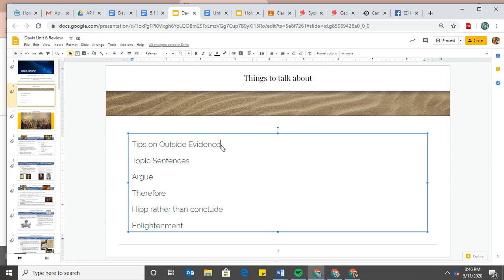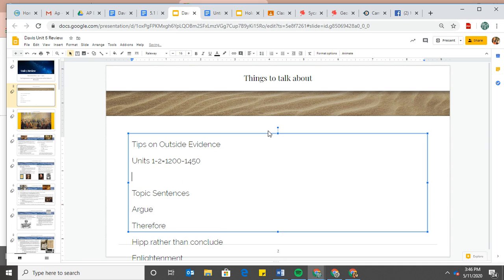So like units 1 and 2, if I just quickly type it out, equal 1200 to 1450. Unit 3 is 1450 to 1750.